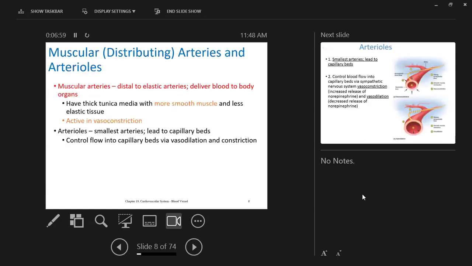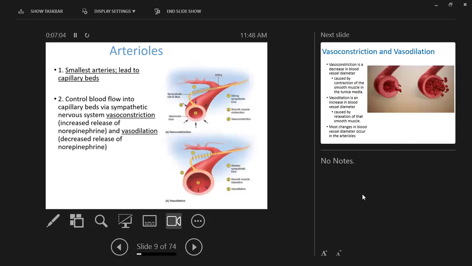Okay, so now the arterioles look like this. The arterioles feed into the capillary beds. They are stimulated by sympathetic nerves. The sympathetic nervous system, the other half of the autonomic nervous system, is going to control the diameter of the arteriole by releasing norepinephrine.